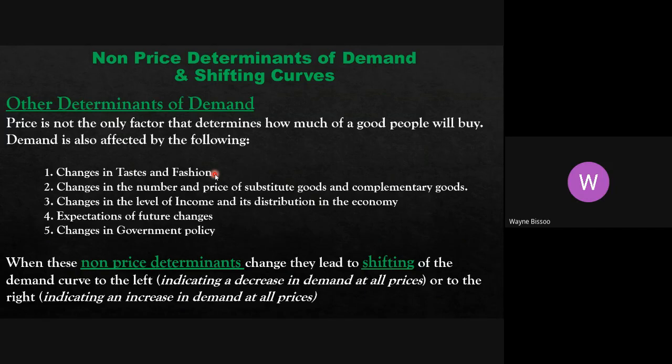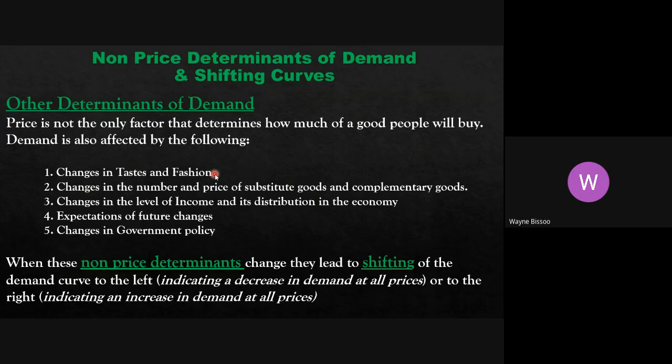So potatoes might be one of those things that people, as a result of changing fashion and taste, are removing from their diet. But how we're going to reflect that is not by a movement along the curve, but the whole curve shifting to the left or to the right, indicating that the demand is going to react to this changing situation or non-price determinant in the market.